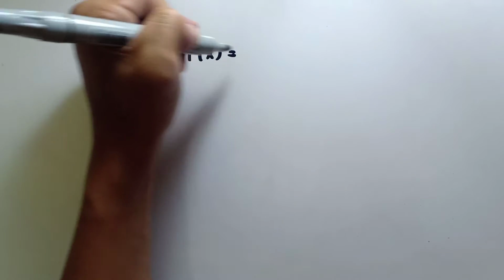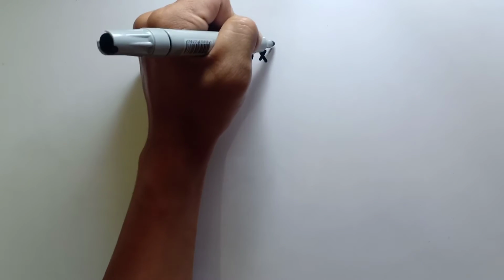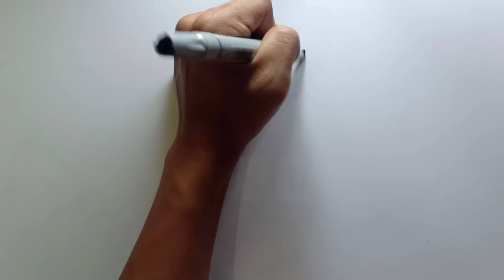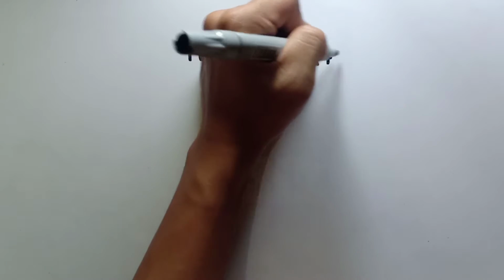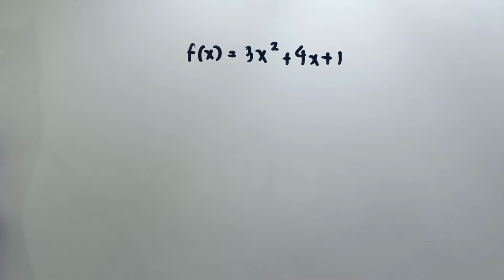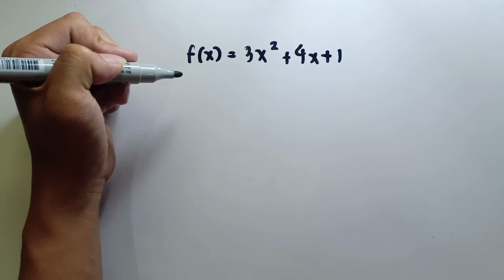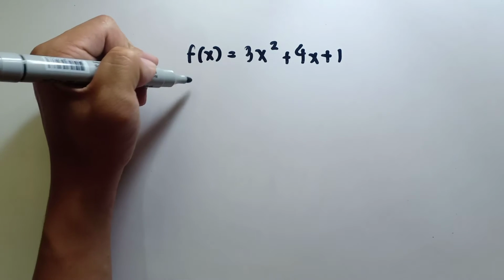f of x is equal to 3x squared plus 4x plus 1. So this is just a simple function that we can differentiate right away.